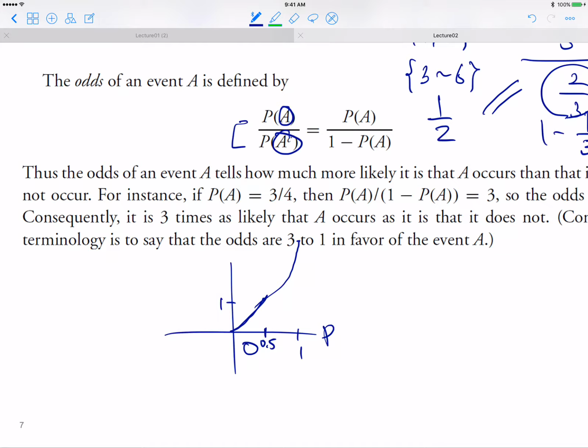And this is quite a useful concept because suppose you play poker. How many of you know how to play poker? Poker? That many? Texas Hold'em.